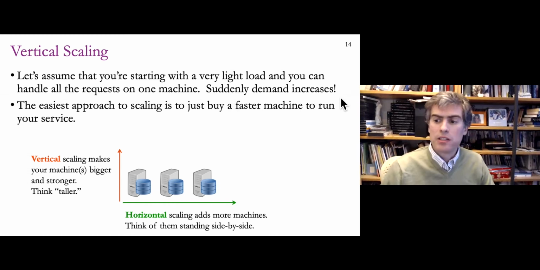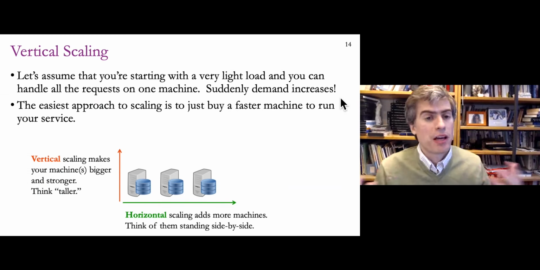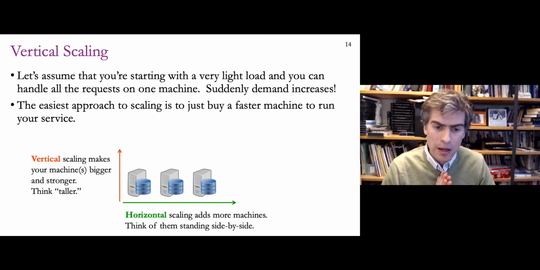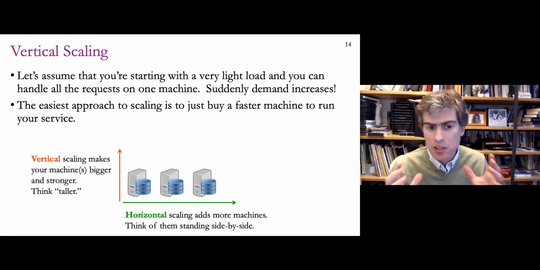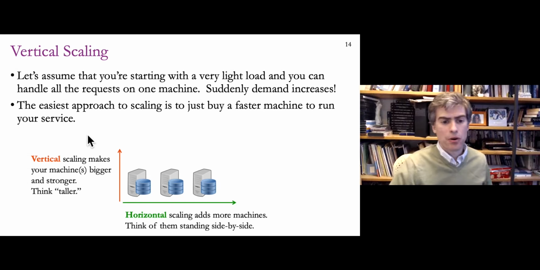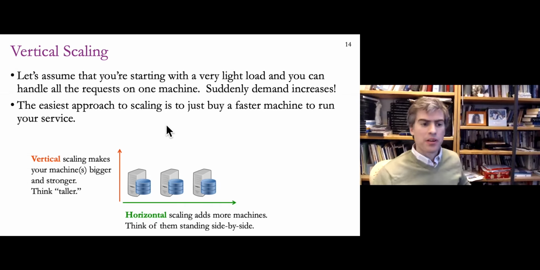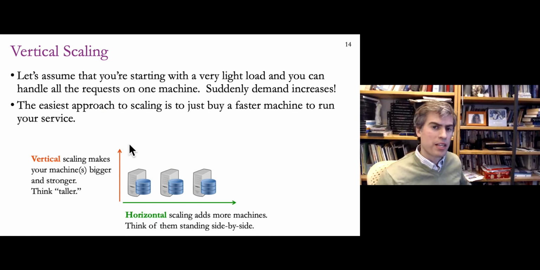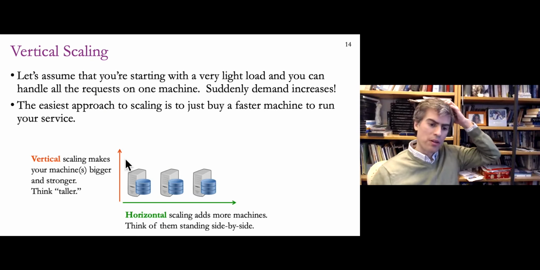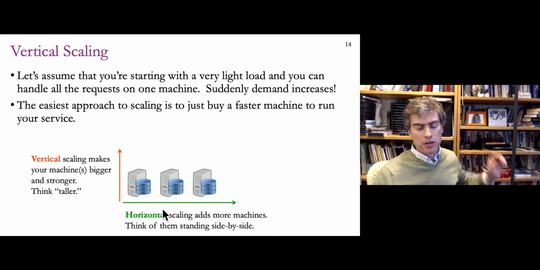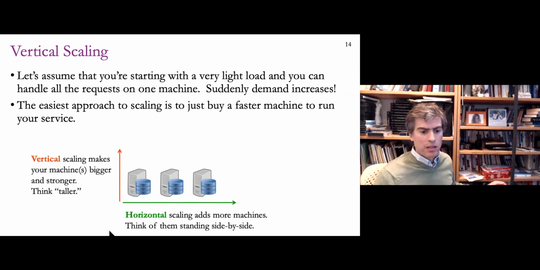Suddenly your demand increases, like you go viral, right? So you have a lot more users. Great. At some point, that machine is too slow to handle all those requests. Now, the easiest approach to scaling your system is to just somehow buy a faster machine to run your service. And that is what vertical scaling is. So we're going to talk about both vertical and horizontal scaling in this class, and this picture will help you to remember what that means.